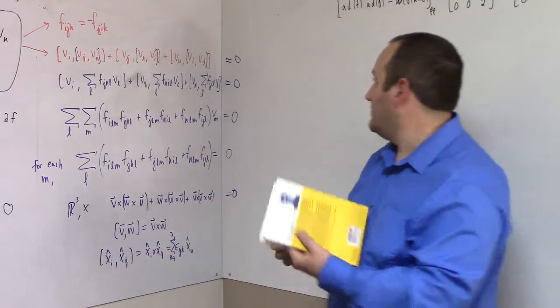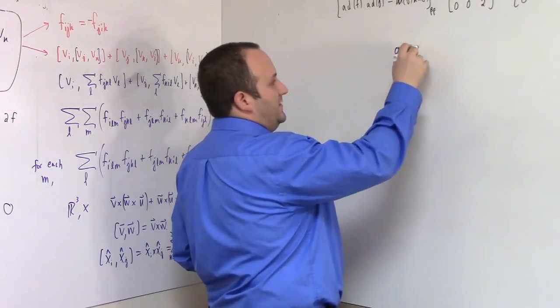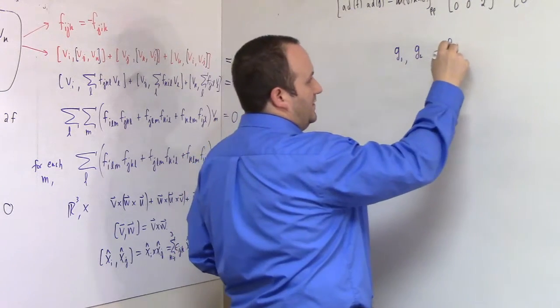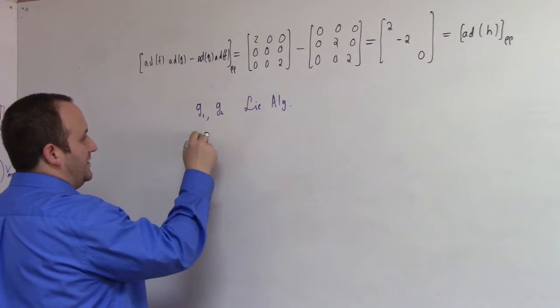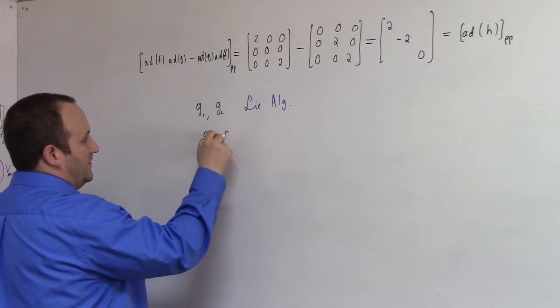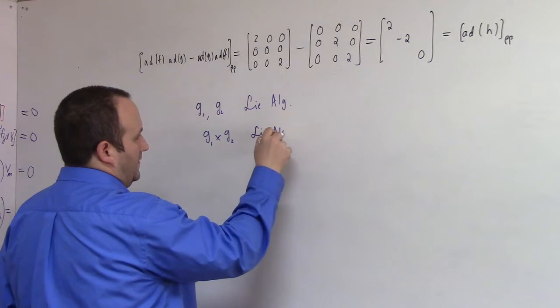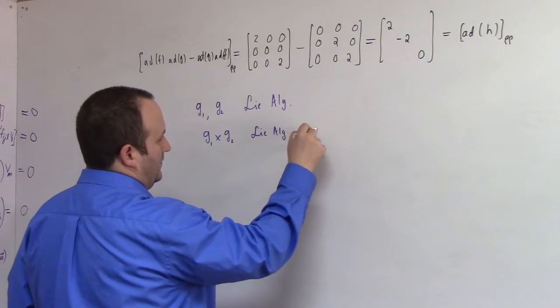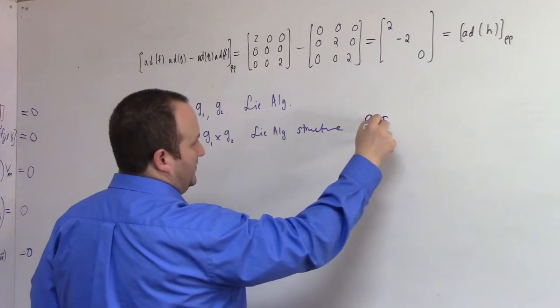If you have G1 and G2, both Lie algebras, then you can give G1 cross G2 the algebra structure, and it's denoted G1 direct sum G2.